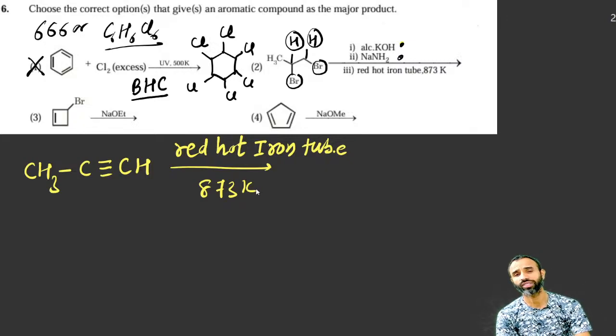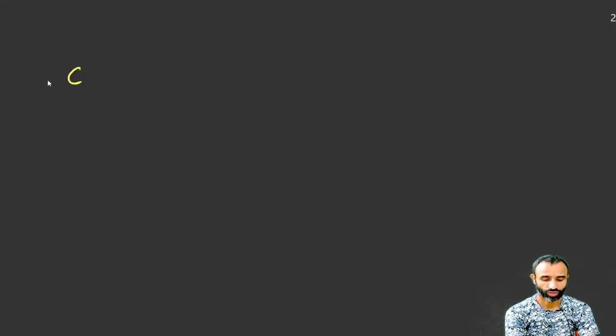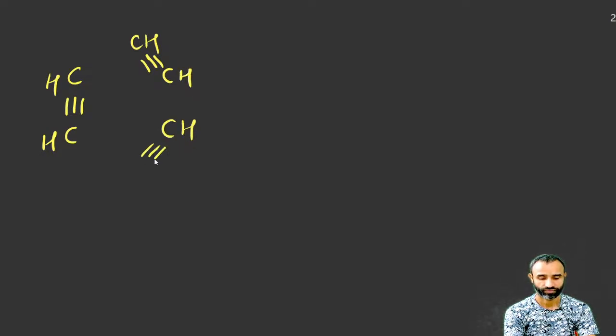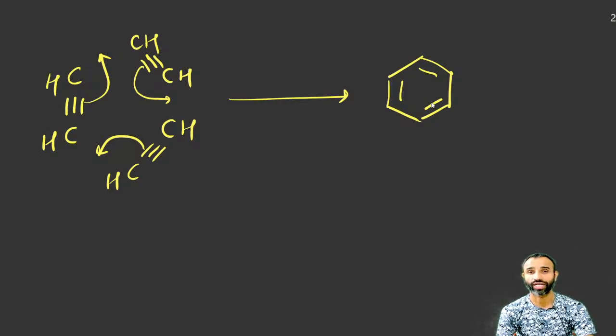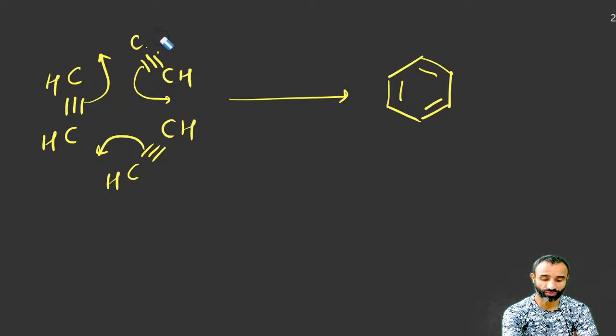In our syllabus, it is given as ethine, acetylene. 3 molecules of acetylene in the presence of red hot iron tube will give benzene. It is like this. Now, here instead of ethine, we have propyne.